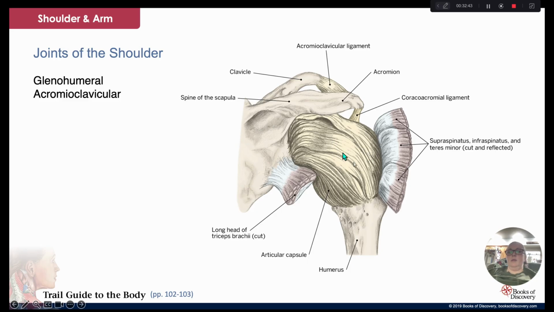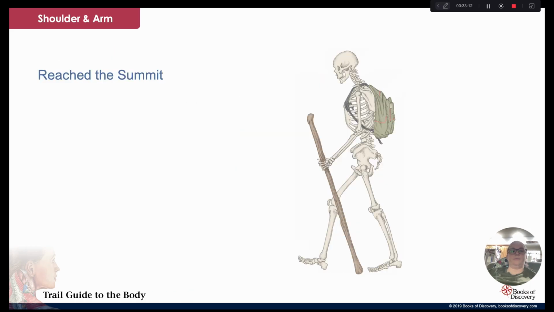Articulation means when joints meet, right? There's going to be a capsule surrounding that to keep it safe. A lot of ligaments, the name will tell you where it is, like coracoacromial ligament means coracoid process and acromion. But like I said, you don't really need to know all the ligaments. We're not doing surgery here.